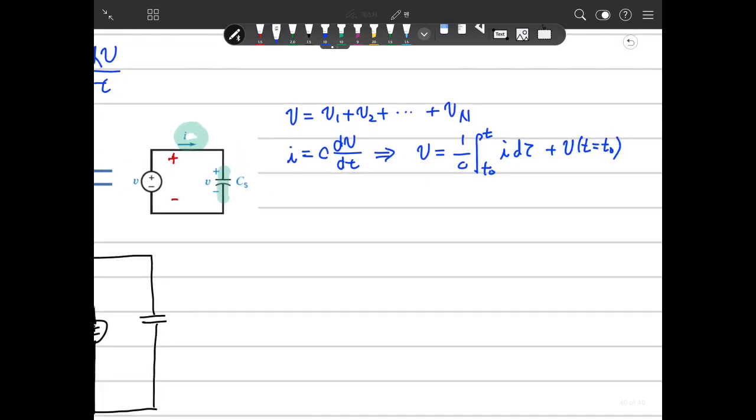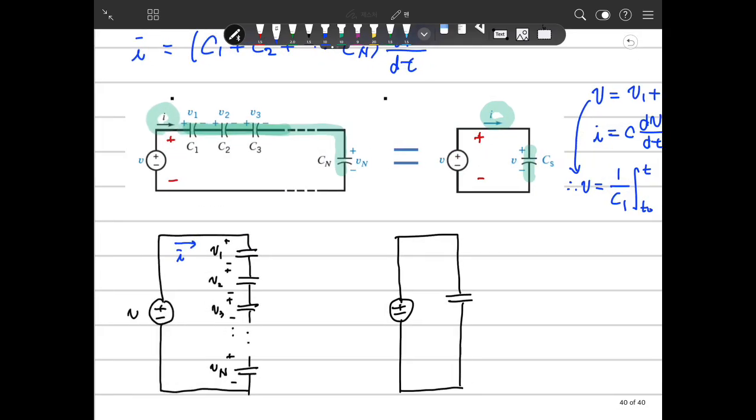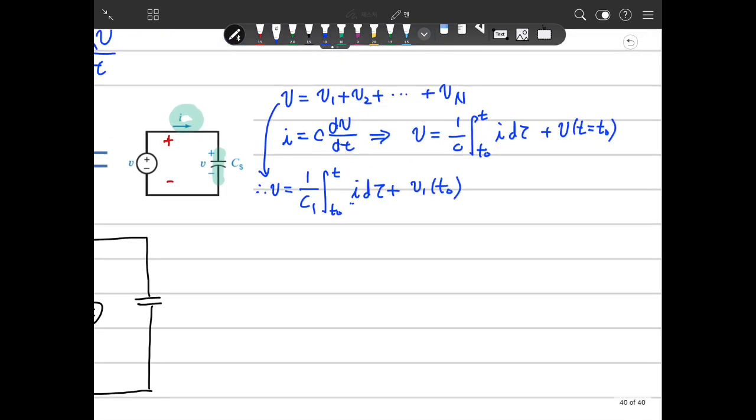Therefore, based on the equations, we write V1 is 1 over C1 integral from t0 to t of I dτ plus V1(t0), because I is common: all current through the capacitors V1, V2, V3, and Vn is the common I. So we define this as I. And V2 is 1 over C2 integral from t0 to t of I dτ plus V2(t0).